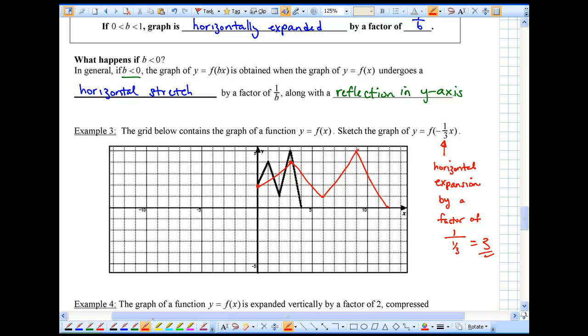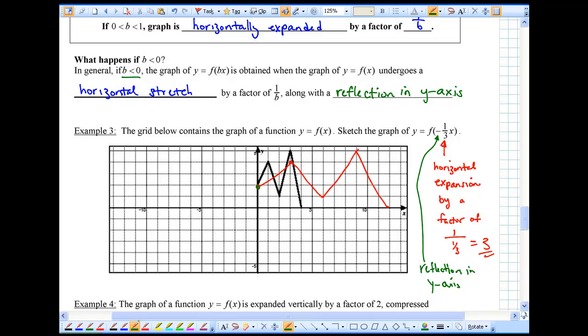And then we've got that negative, so that negative represents a reflection in the y-axis. And what we do with those points is the x's now become negative.